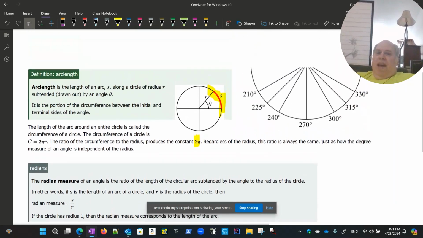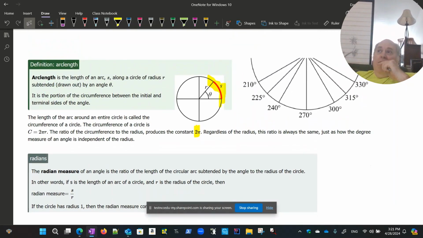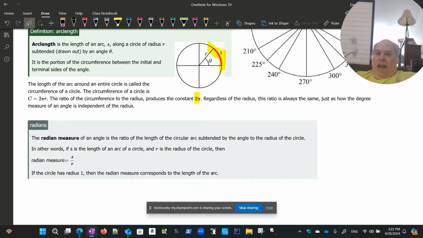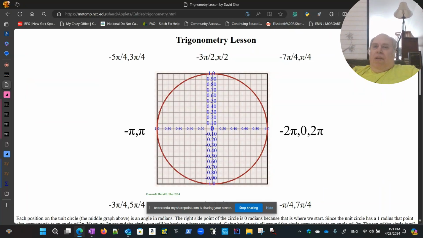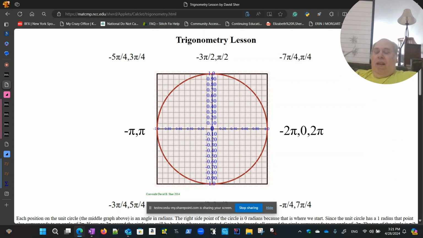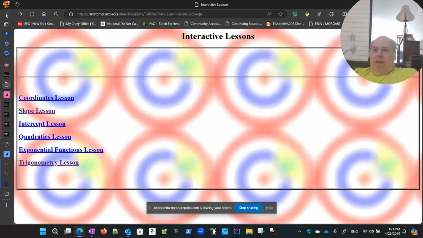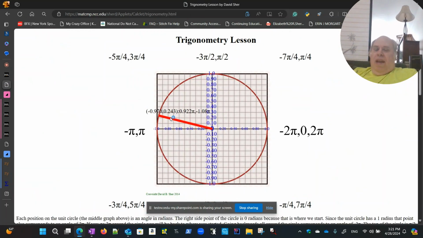And now, a lot of times we're going to use what we call the unit circle, which is the circle with a radius of 1. And that's what I'm going to bring up right now. This is the trigonometry lesson under Tools, Interactive Lessons in Brightspace. So here you see interactive lessons, tools, and here's the trigonometry lesson.